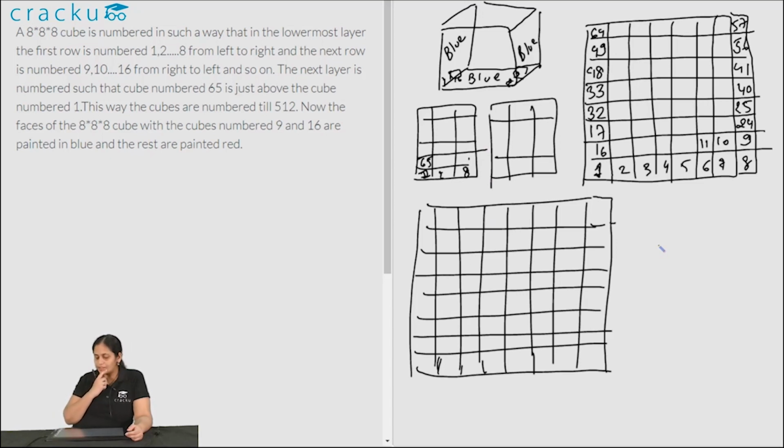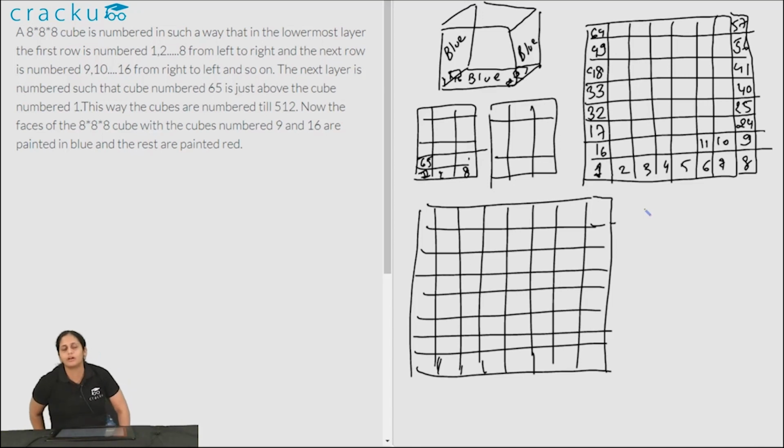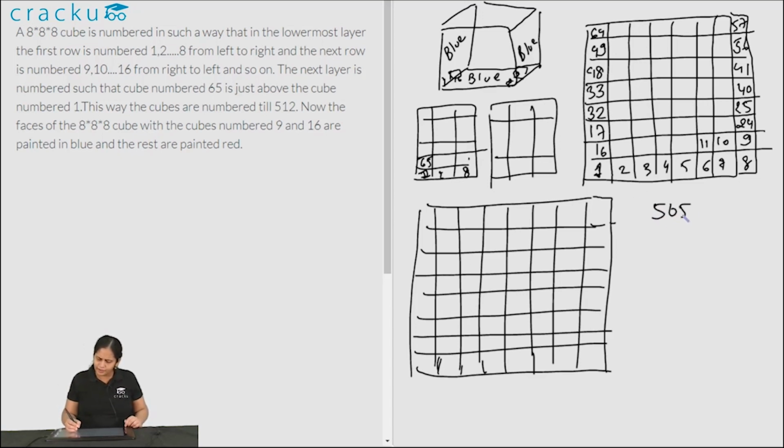Let me try to figure that out. So 505, how can I write it as 64 times something plus 1 to 8? If I can write it out, then it will be in the front face. If I can't write 505 in those terms, then it will be in the side face. So what is 505 divided by 64? 320 would be 5 times.